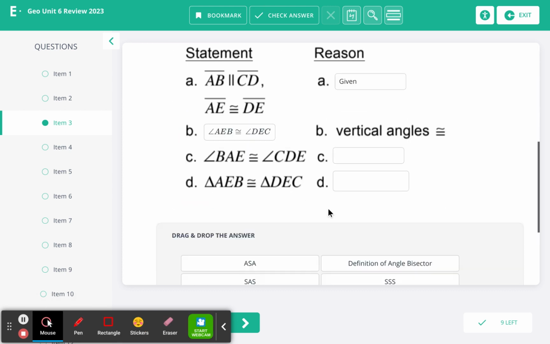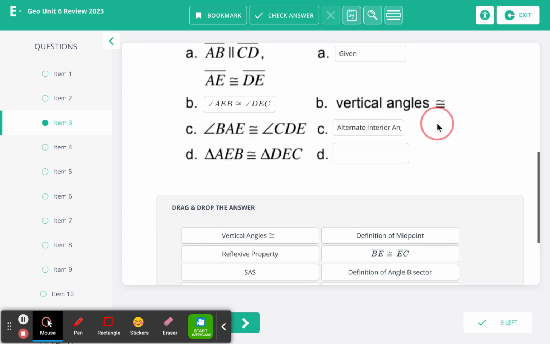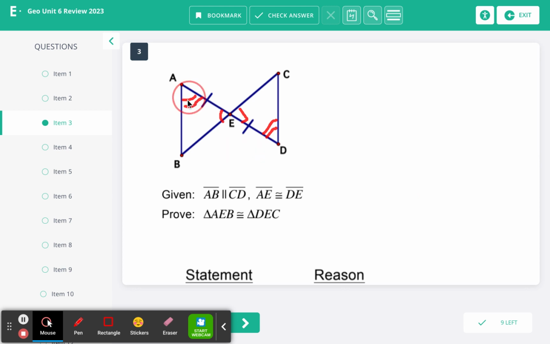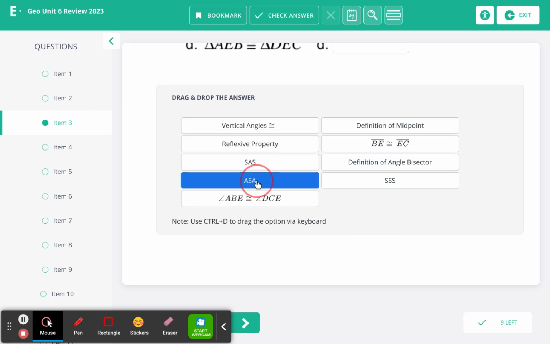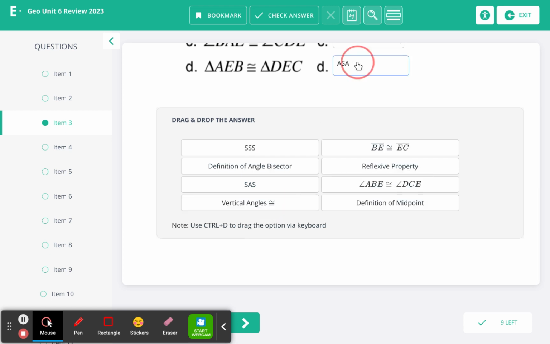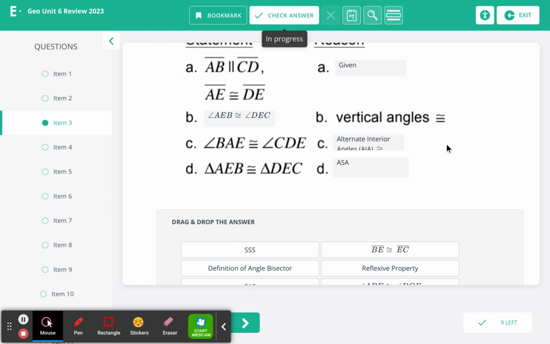Okay, alternate interior angles. So look down here, there's an alternate interior angle reason. We now have enough information to say the triangles are congruent because of angle, side, angle. Now I have to look in both triangles to make sure that fits, but angle, side, angle. Yep, that does work. Angle, side, angle goes there for step D. Give a quick check. There we go.